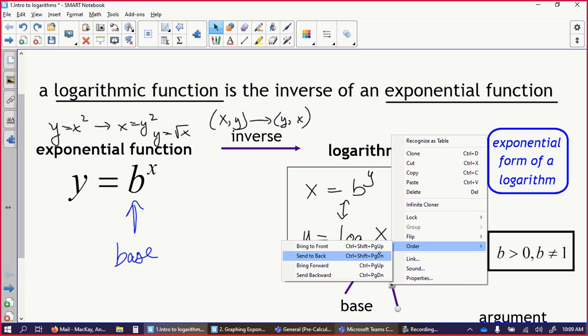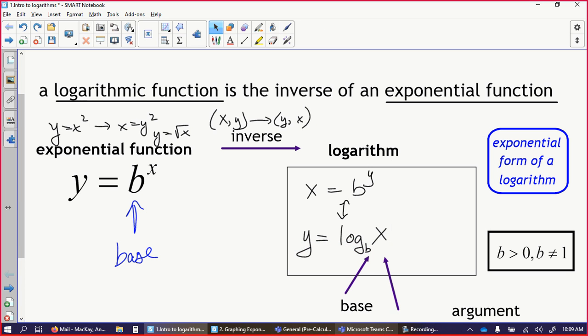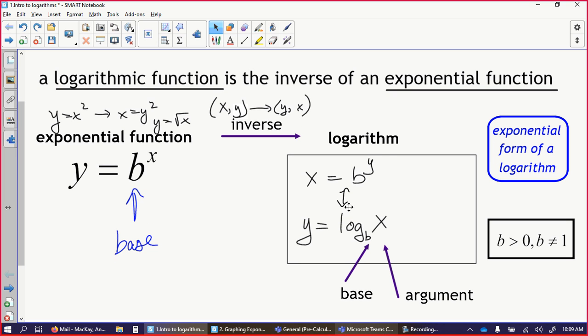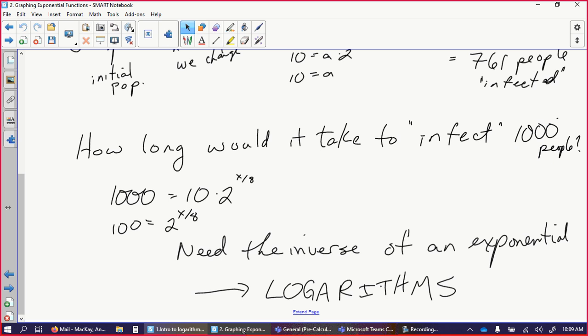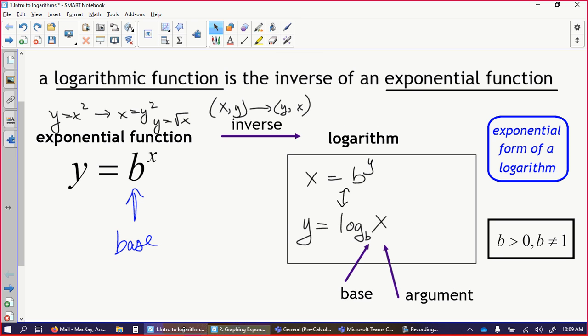The x is what's called the argument. So when we take a logarithm, really what we're looking for is that exponent. If I take a logarithm, we find what that exponent is.